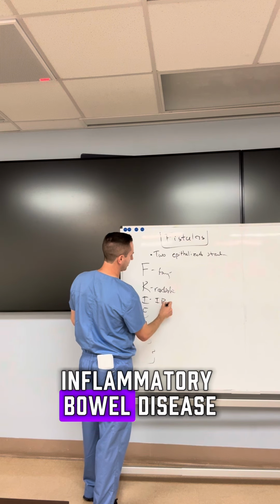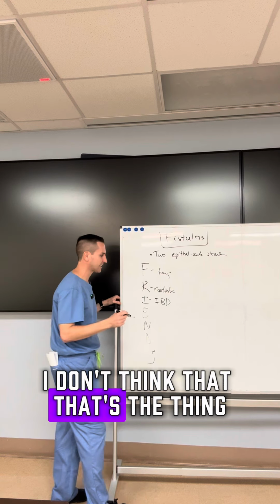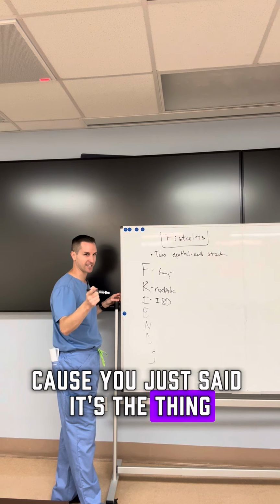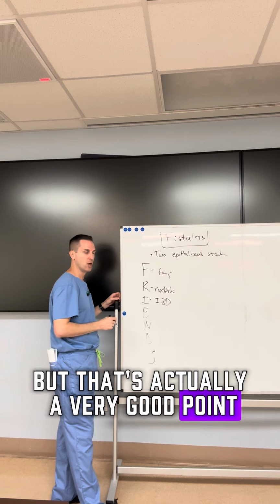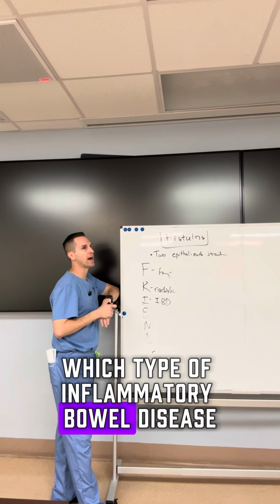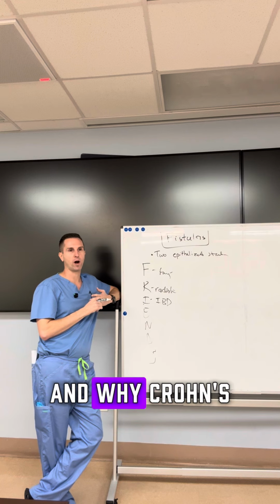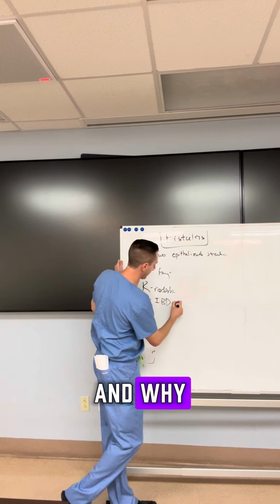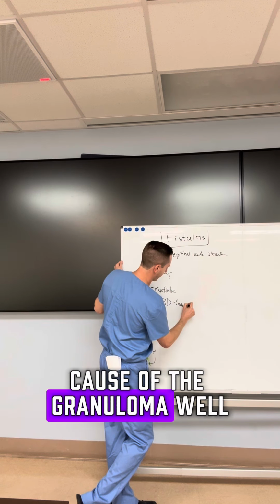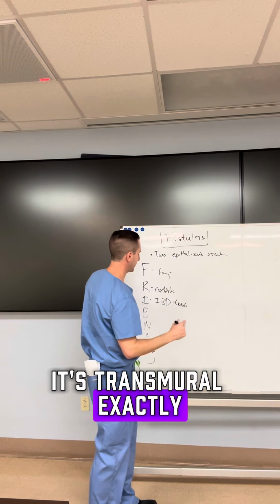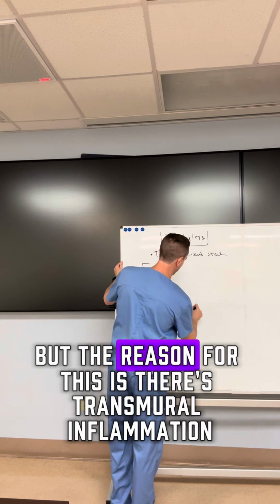Inflammatory bowel disease. Which type of inflammatory bowel disease is more predisposed to fistulas occurring, and why? Crohn's, because it's transmural. Exactly.